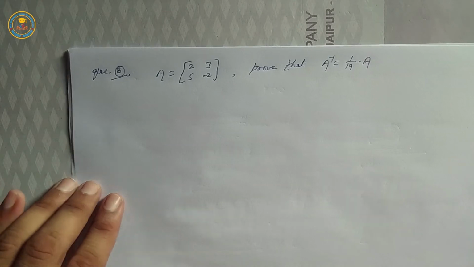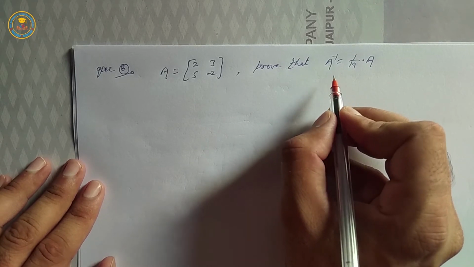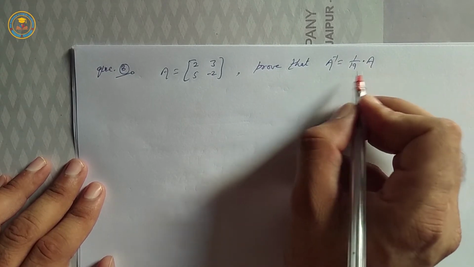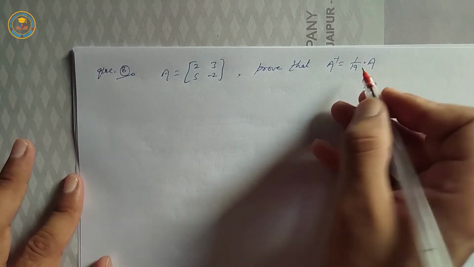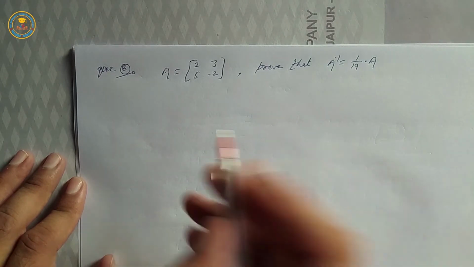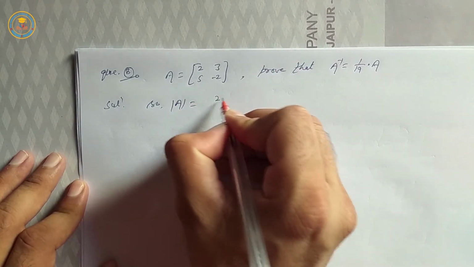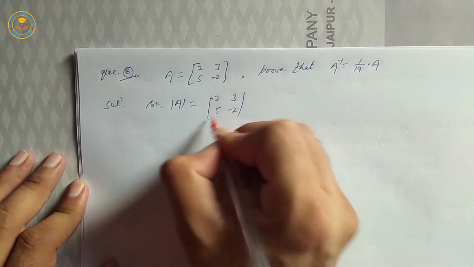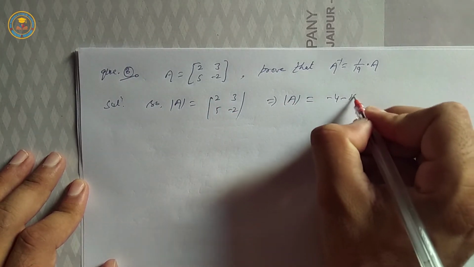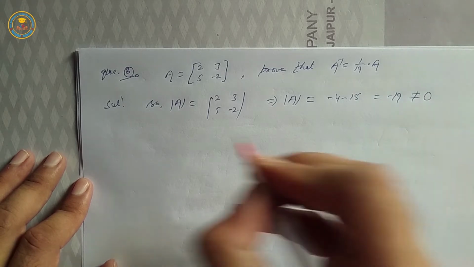Okay, left side: then prove that left side A inverse is equal to right side 1 upon 19 into A. The formula of A inverse is equal to adjoint A upon determinant A. It means, so determinant A is equal to [[2, 3], [5, -2]], implies determinant A is equal to 2 into minus 2, minus 4, minus 15 is equal to minus 19, not equal to 0.